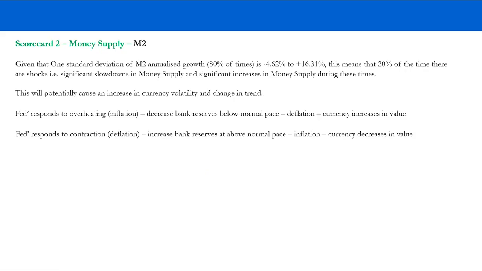And that is what we're going to focus on here, because this potentially causes an increase in currency volatility and a change in trend. So for example, when the Fed responds to overheating, so excessive inflation in the economy, how do they react? They're reacting by decreasing bank reserves below a normal pace, which causes deflation and causes the value of their currency to increase.